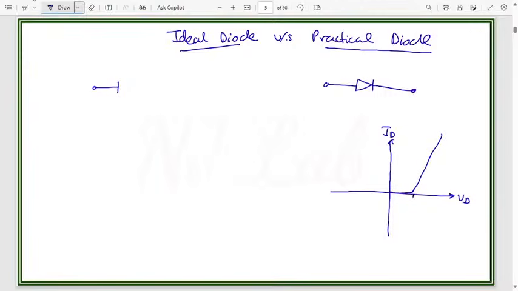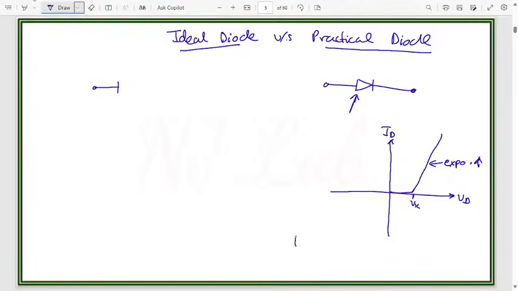So after this knee voltage, when we increase the voltage across the diode beyond the knee voltage, there is an exponential increase in the current, right? What it means is that this practical diode is not conducting any current till the knee voltage.